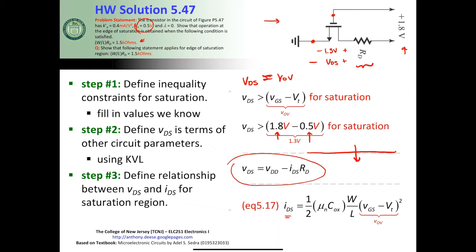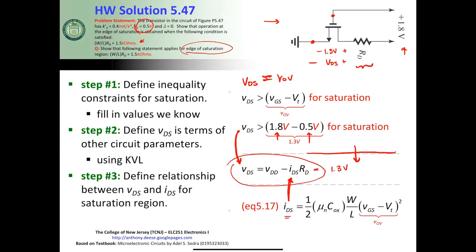Well, actually, it's not an assumption because they tell us it's the edge of saturation. So this is good. We can take this value and plug it in right there, and then set this all equal to 1.3 volts. Because we get this value up here, we can use it down there, and then we have our IDS and we can use it up above. So everything comes together on this slide.